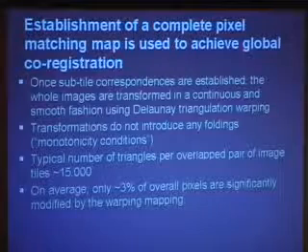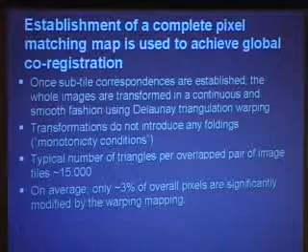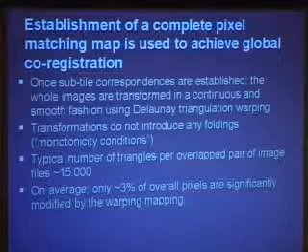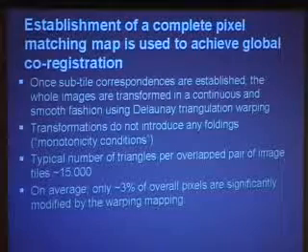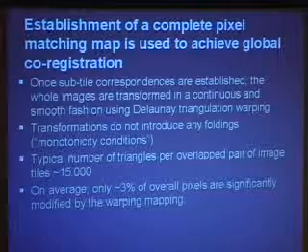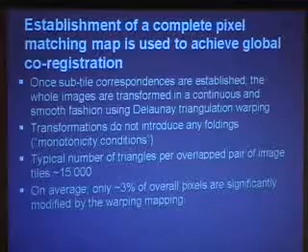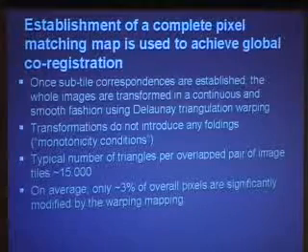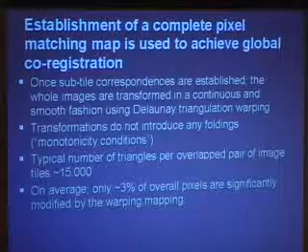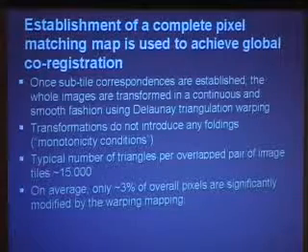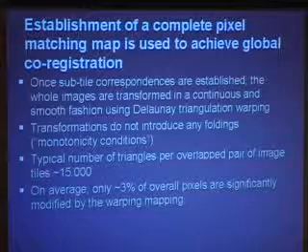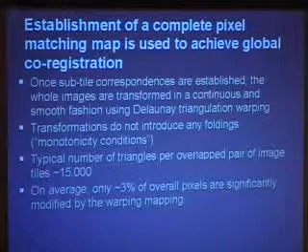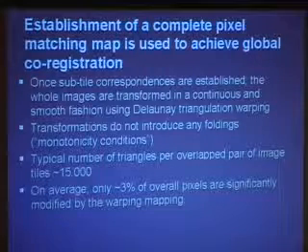Then, of course, you try to make it into a global, nice continuous mapping, which you do using Delaunay triangulation: you pick up feature points and create triangles, where the mapping from one triangle to another is determined by this subtile correspondence. The number of triangles is reasonable per overlap image, so you end up with about 1 million triangles processed this way.